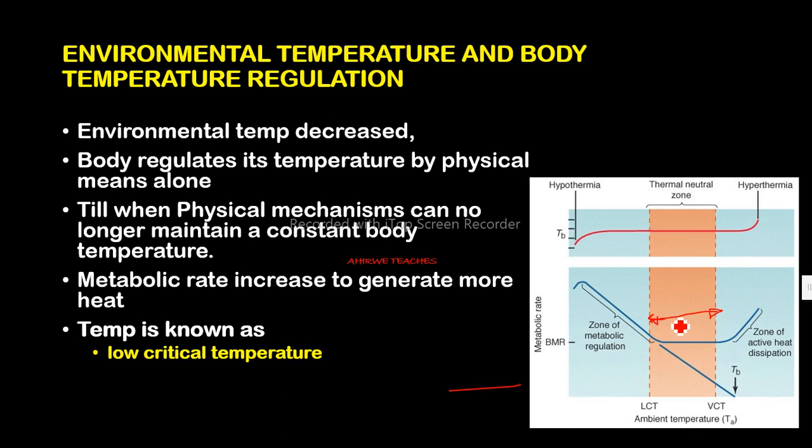And within this range here, any deviation, maybe decrease, is enough for these physical mechanisms, these physical barriers that insulate the body, to maintain the internal environment constant. Maybe if this is 37 degrees Celsius, and that's the body temperature, any deviation, maybe from 37 and you go to 34, and maybe you go to 33, it's enough.